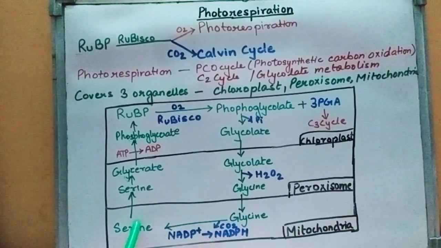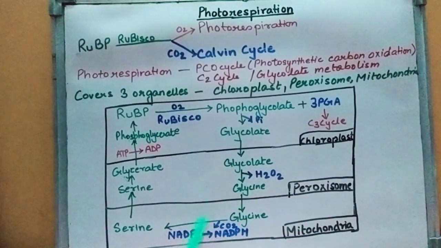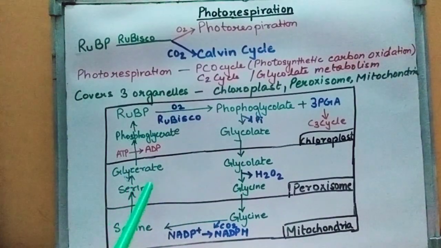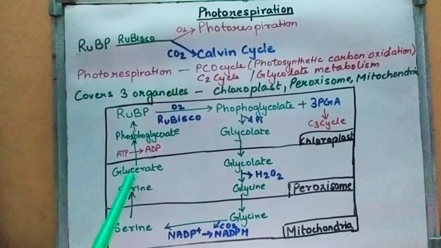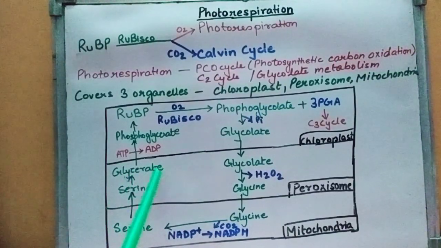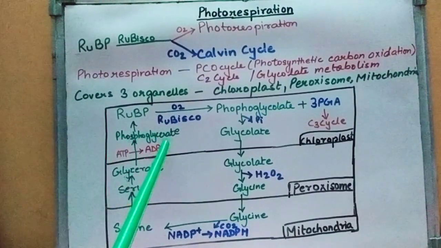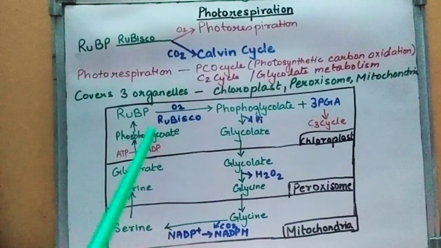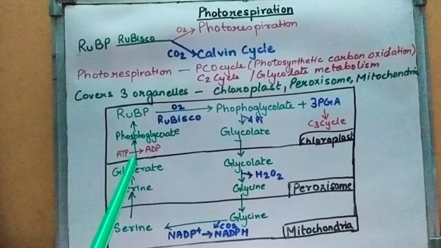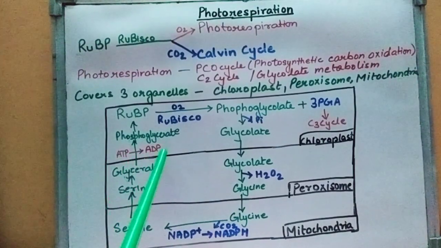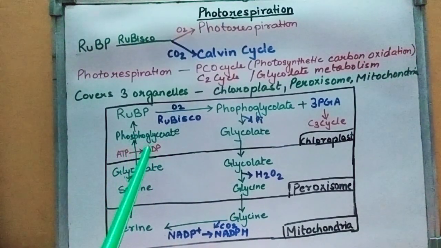The serine goes back to the peroxisome. From serine, glycerate will come back. From glycerate, regeneration of phosphoglycerate will give rise to RuBP, where 1 molecule of ATP will be used, releasing energy in this process.